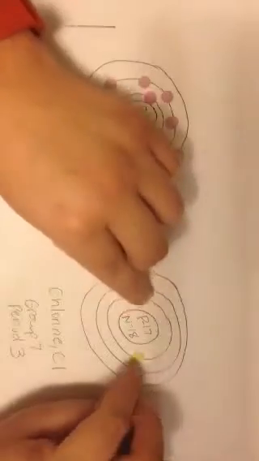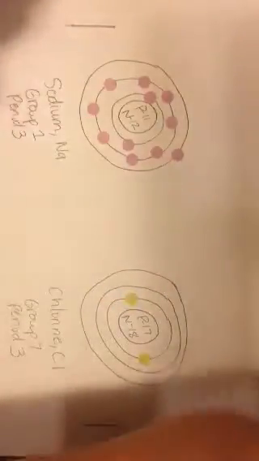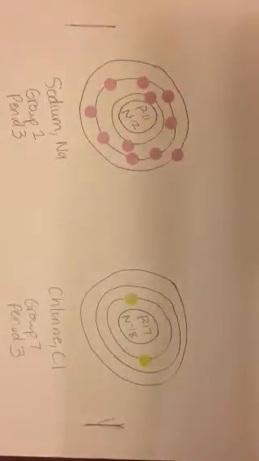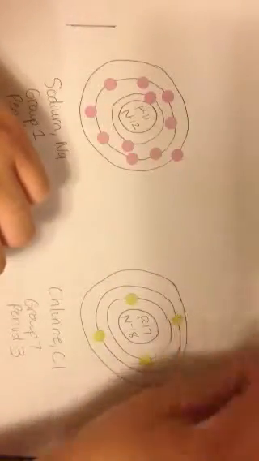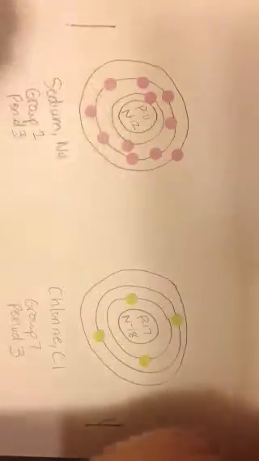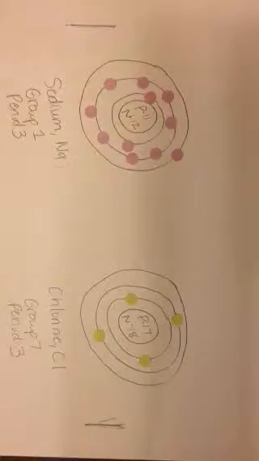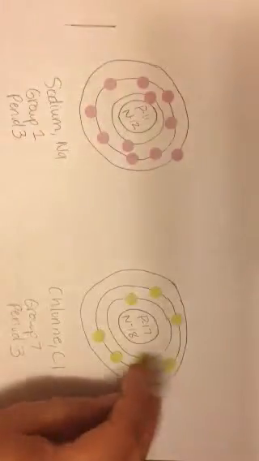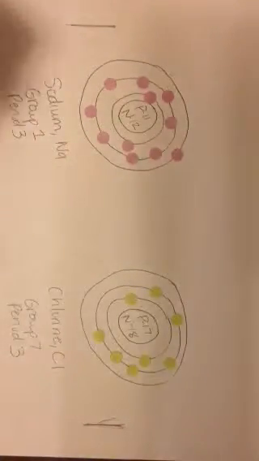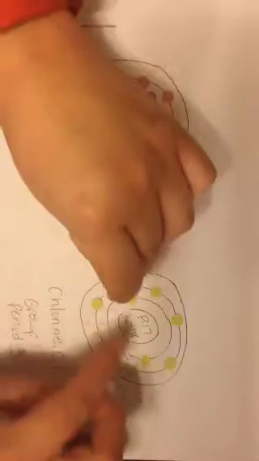Got to follow the 2-8-8 rule again. So 2 here, and then I can put 8 on the next one. There are so many electrons. Let me move those over here. 1, 2, 3, 4, 5, 6, 7, 8.